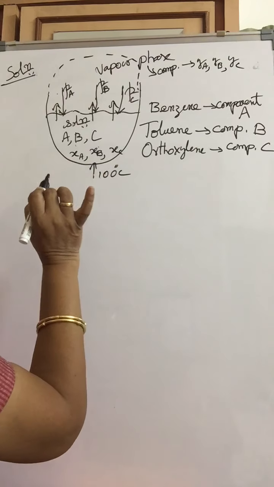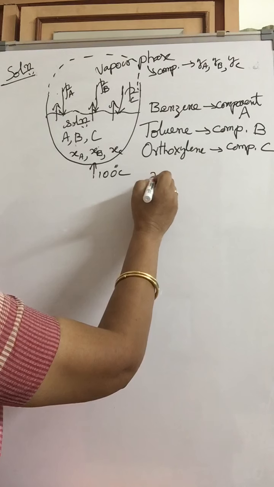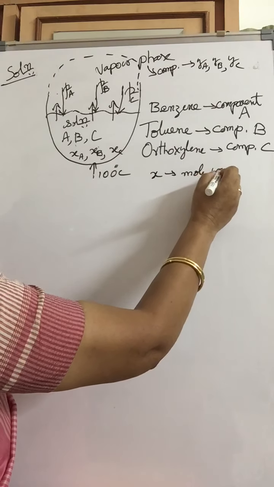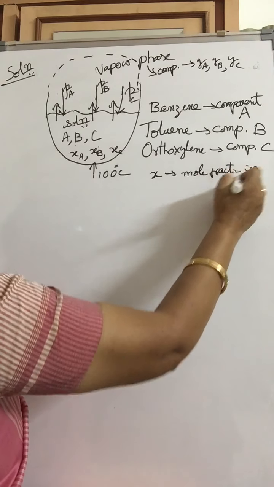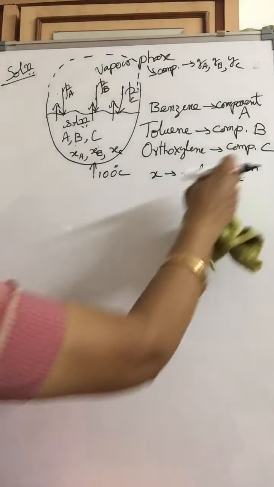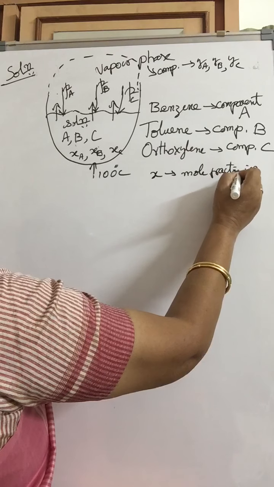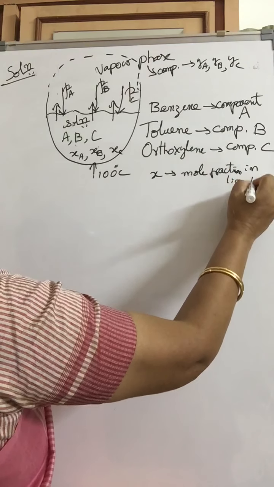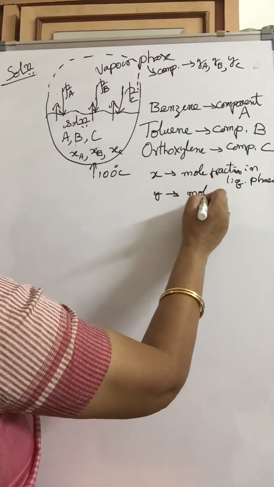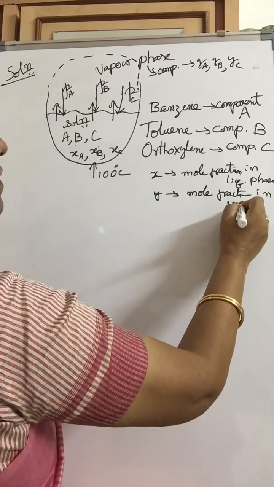So now we also try to recall that X is the mole fraction in the liquid phase, and Y is the mole fraction in the vapor phase.